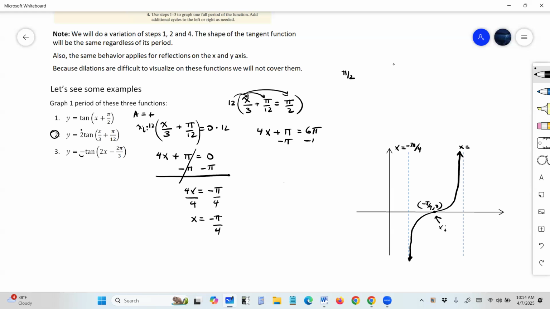Minus pi on both sides. I have 4x equals 5 pi. Divide everything by 4, and we get 5 pi over 4. That is the asymptote to the right. So 5 pi over 4. Okay, so we got the two asymptotes, and we got the x-intercept. We graphed the tangent, and we're done.